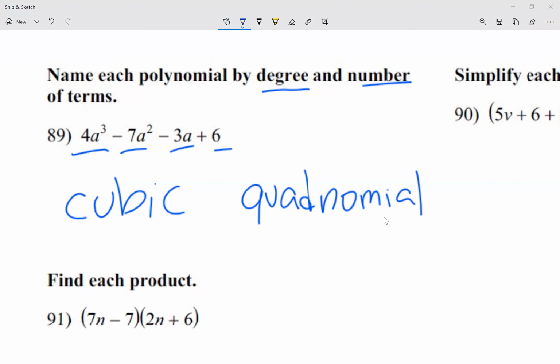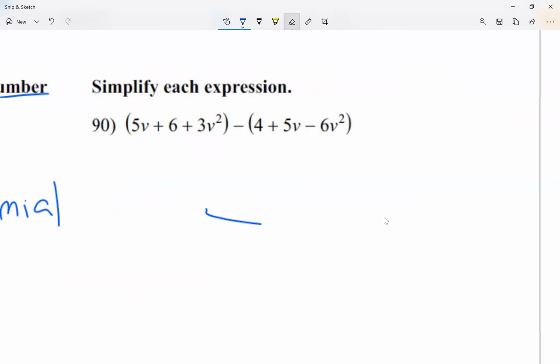Let's take a look at question number 90. We're going to simplify each expression. So first of all, let me write everything without parentheses, okay? So I'm going to write my first parentheses: 5v plus 6 plus 3v to the second.